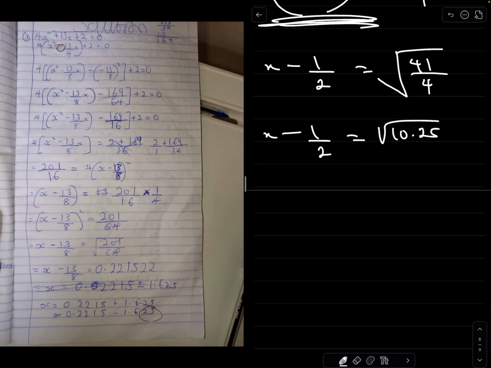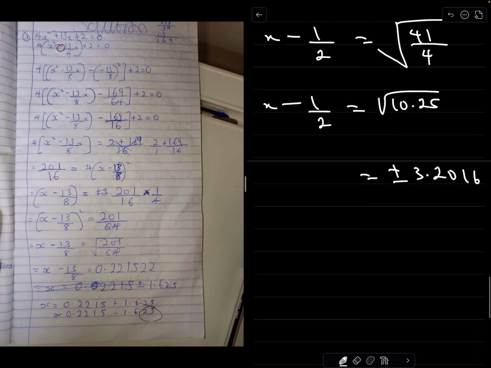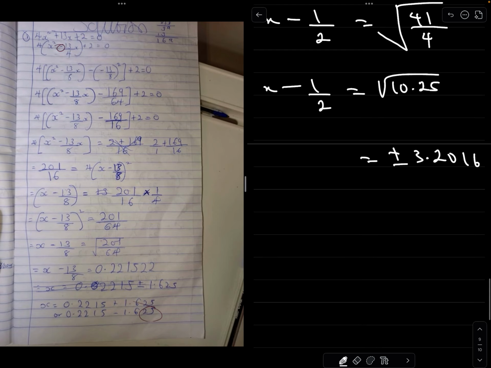So we find the square root of that. We know that when we find square root, we should get two values. So that will be plus or minus the square root of 10.25, which is plus or minus 3.2016.